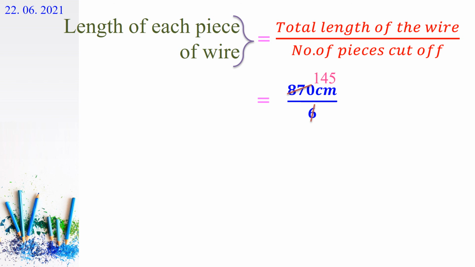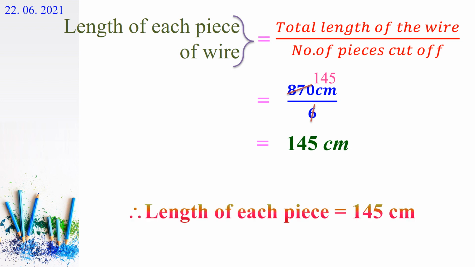On cancelling, we get 145. If you don't know how to cancel, you can divide and find the solution. Therefore, the length of each piece is equal to 145 centimeter.